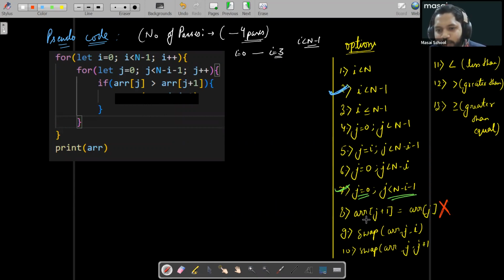Okay. So you said option number 8. Why did you say that? If array J is greater than array J plus 1, then what I am doing is taking array J plus 1 equal to array J. Is it correct? Suppose in that example, 0, 3, 5, 9, 8.